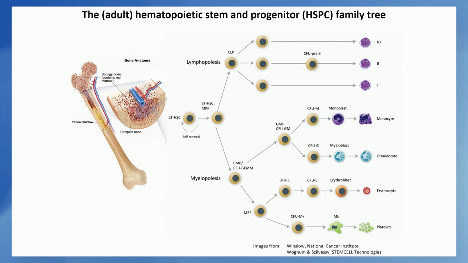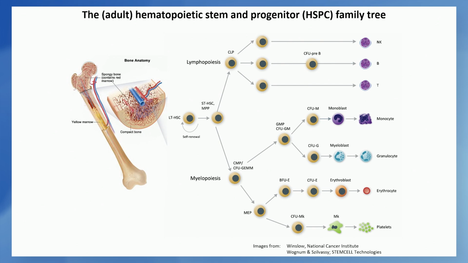Again, the tree as we see it today is being reshaped in details now and then, but you have a hematopoietic stem cell over here, which forms short-term hematopoietic stem cells and then splits up, which would be the transit amplifying cells, multipotent progenitors, then forming CLPs, common lymphoid progenitors, and CMPs, common myeloid progenitors.